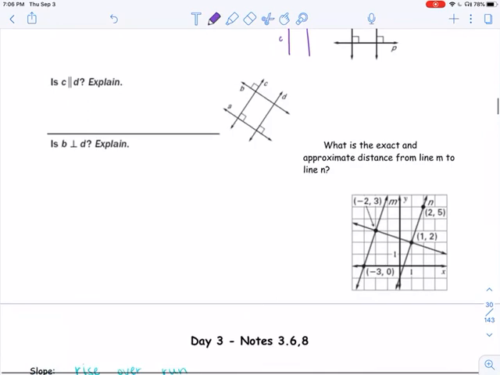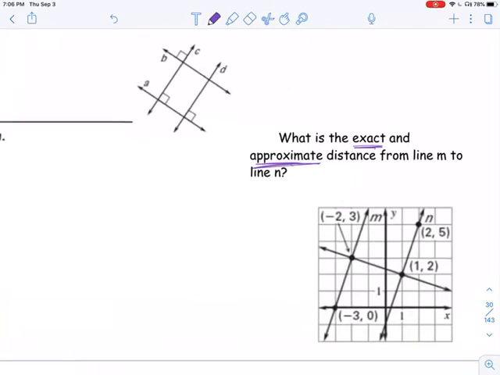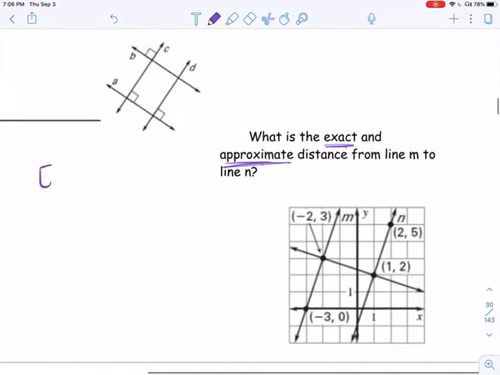And then let's discuss the difference between exact and approximate. So we kind of touched on this at the beginning of Unit 1. An exact answer, I'm going to write this down. An exact answer might be something like 5. Done.